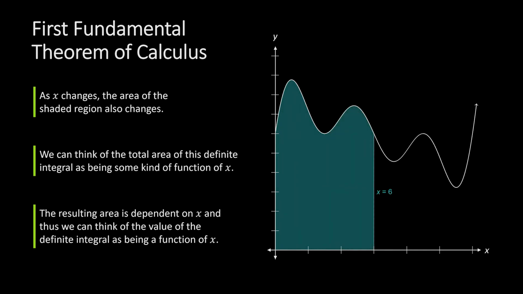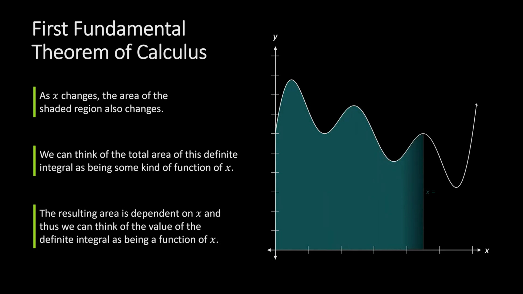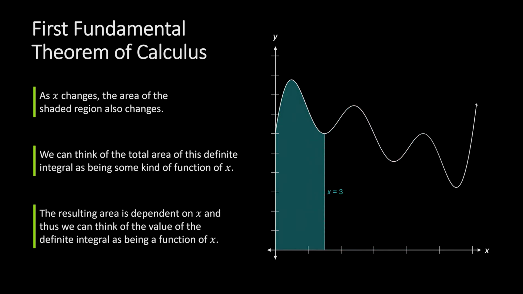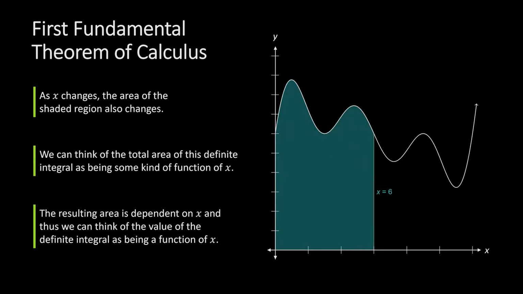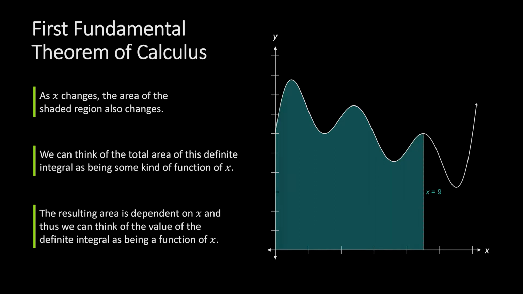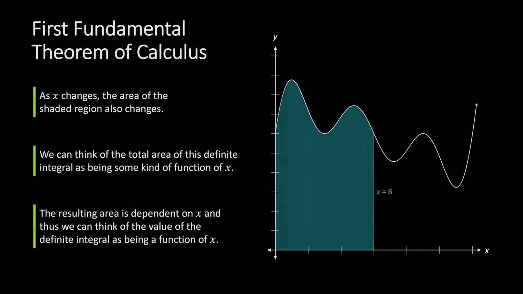If x changes from 3 to 6, or from 6 to 9, or back again, 9 to 6, that total shaded area is changing. Now we can think of the total area of this definite integral as some kind of function of x, right? If you put in a value for x, then you can calculate that area.